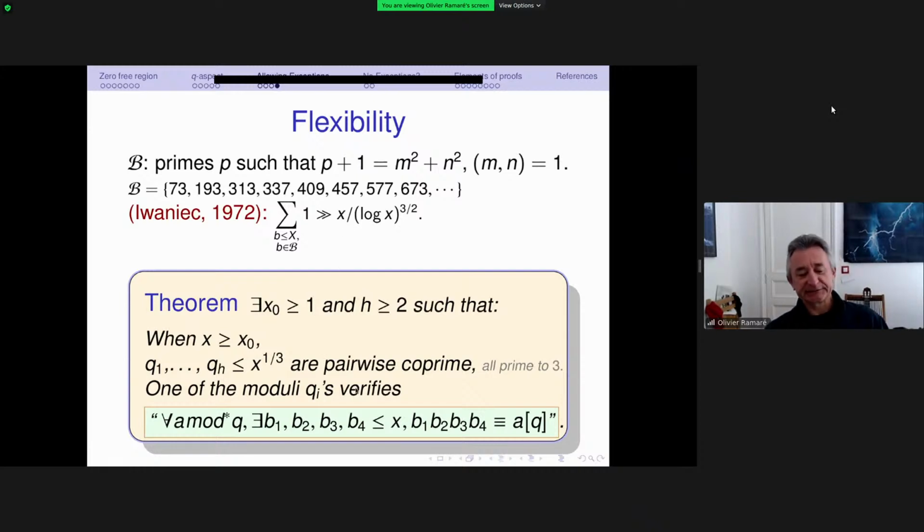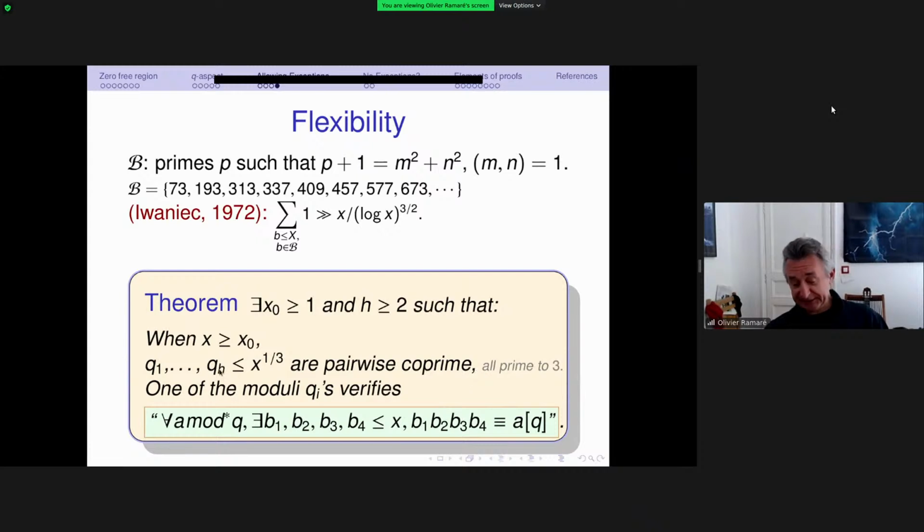And what you get is that if you give yourself h coprime moduli less than x to the 1/3, then every class modulo one of them can be covered with a product of 4 of them.